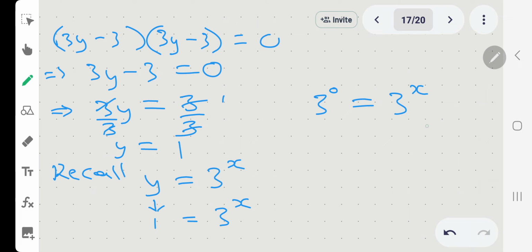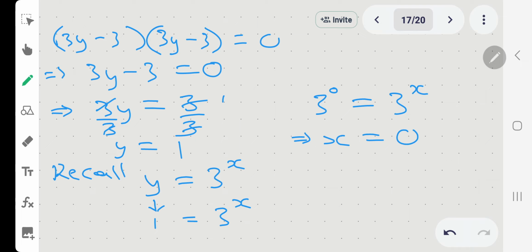So here, to get the value for x, remember the law of indices, which states that if the bases are the same and there is an equal sign in between, then we make use of the exponents and do away with the base. So here, in the end, we have x is equal to 0.